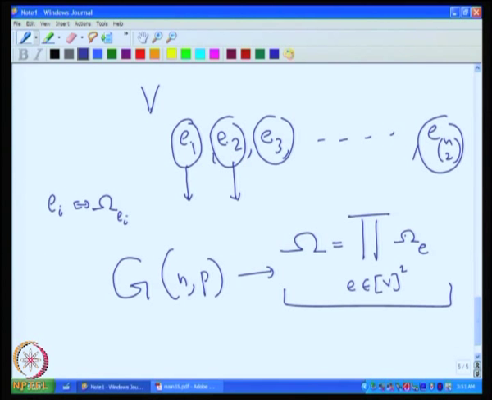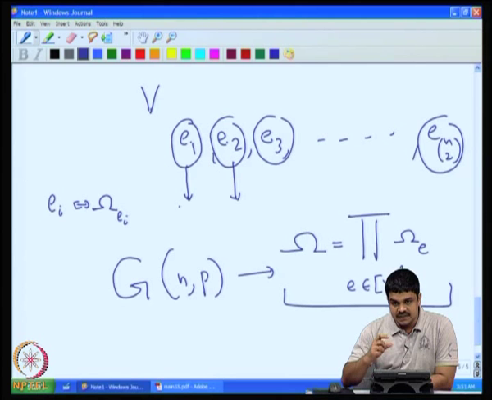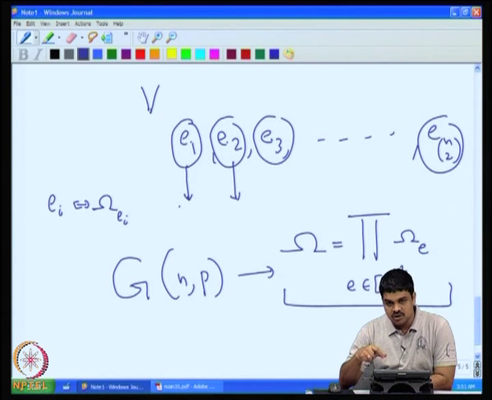What is this? For E1 we will get a 0 or 1, here also a 0 or 1, 0 or 1. So we can think that this sample space is essentially a string of length n choose 2, where at the ith bit position 1 or 0 corresponds to the ith edge, and we are deciding whether that edge should or should not belong to the graph.